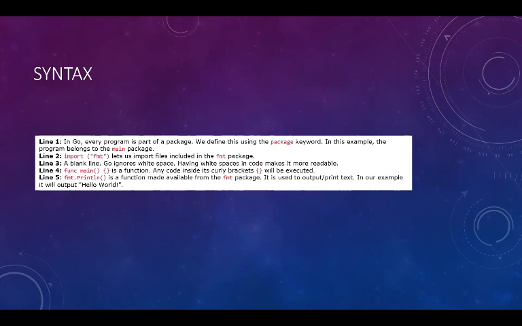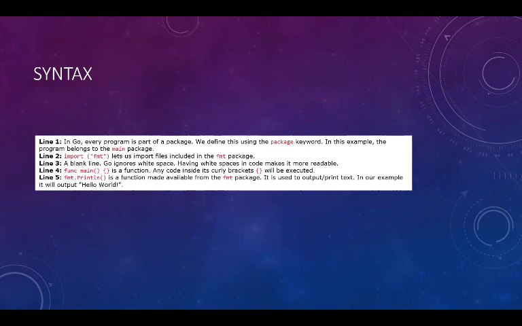Having white spaces in the program, we need not take care of it, because Golang automatically ignores the white spaces that are available. Then the other one is the function main, a function within which we write the code whatever we want to execute.